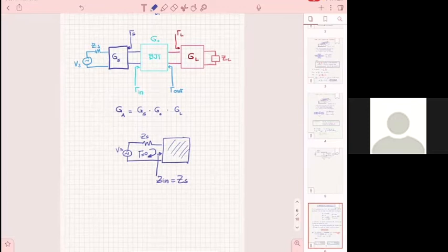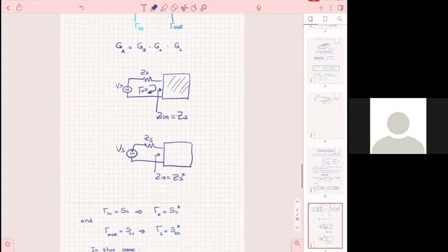Maximum power goes to this load only when the input impedance here is the complex conjugate of this base. Now, if this base is real, obviously the two are identical. But if this base is not real, as happens in most cases, then you have a difference. They're not identical, all right?